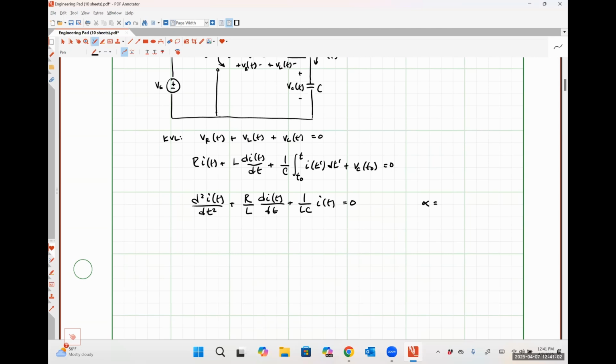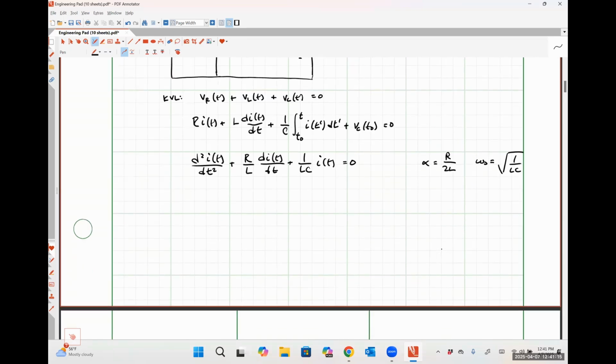And we found that for a series RLC circuit, alpha was equal to R over 2L, and omega naught was once again equal to the square root of 1 over LC.